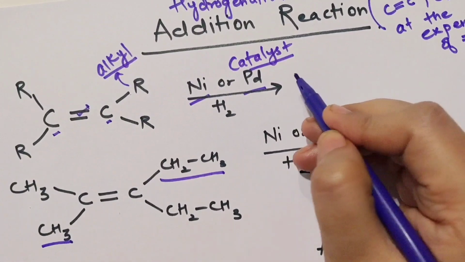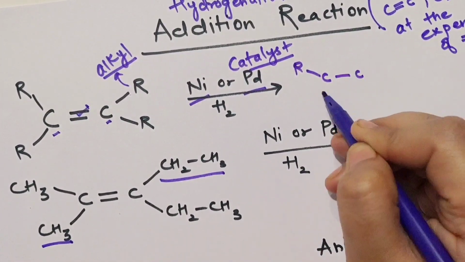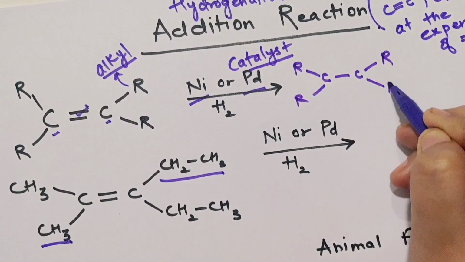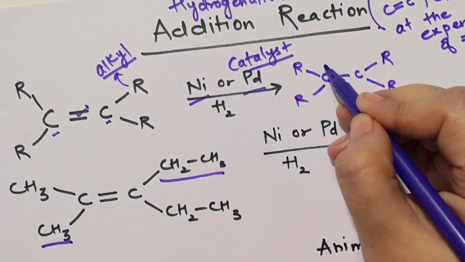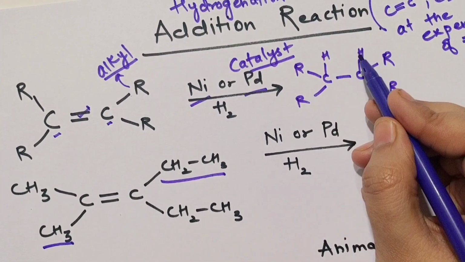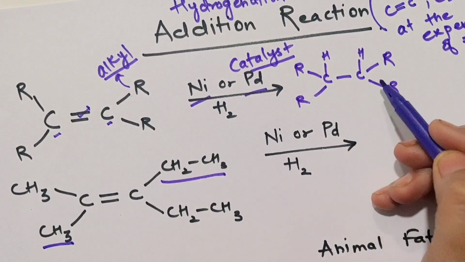Okay, so the product would be this, something that you had already, but now hydrogen atoms are added across the double bond at the expense of the double bond.